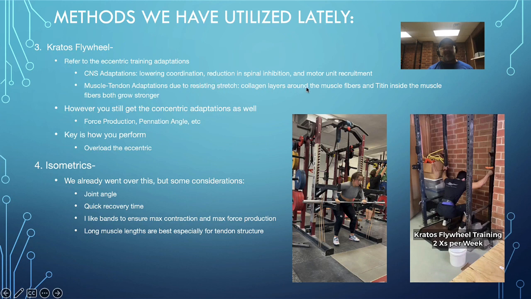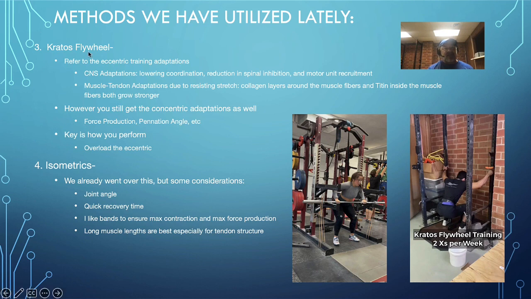The collagen layers around the muscle fibers and titin inside the muscle fibers grow stronger. Not to mention that, but the tendons themselves become thicker and the matrix becomes tighter. So now you've got a thicker, stronger, tighter tendon, which is what creates a ton of elastic energy.